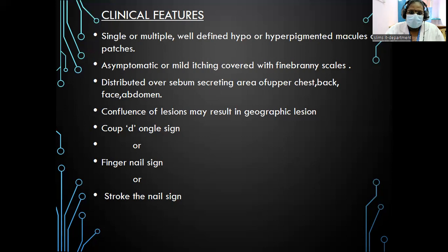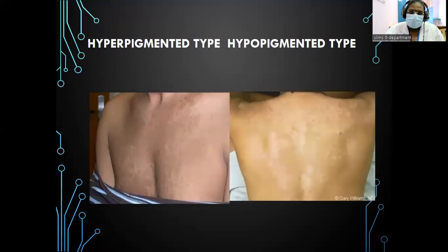The sign we can elicit in this condition is the Coup d'ongle sign, or fingernail sign, or stroke the nail sign. When we stroke the lesion, scales are removed en masse. This is the classical morphology of the lesion. As I already told you, there are different types of morphology and different colors.